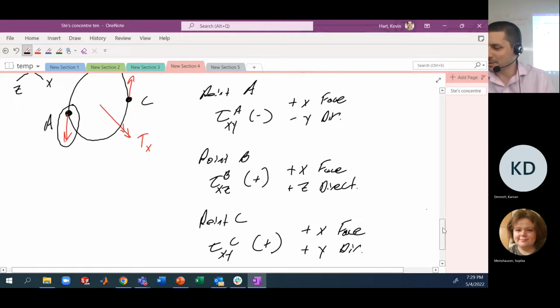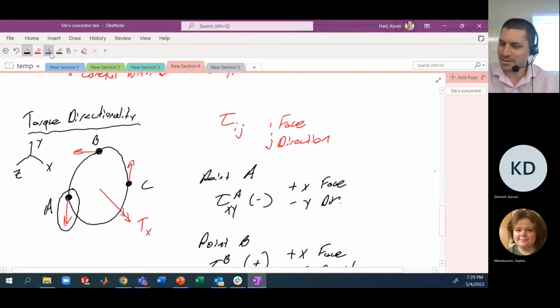Because on opposite sides of the bar, for instance, at point C, you have a positive tau xy, and at point A, you have a negative tau xy. You've got to get away from using the positive or negative value of the torque for understanding the positive or negative shear. There's more to it than that. Got it? Okay. Other questions?